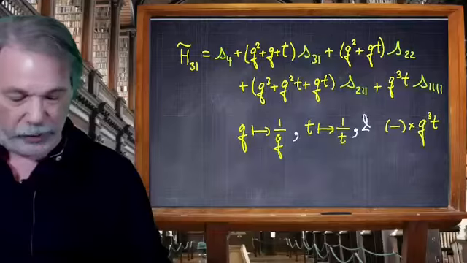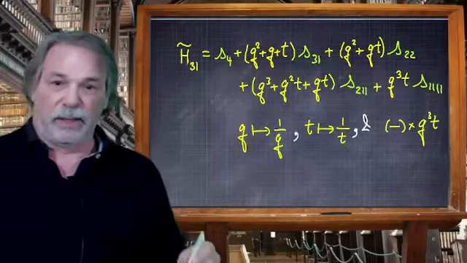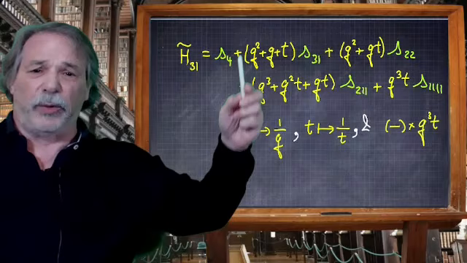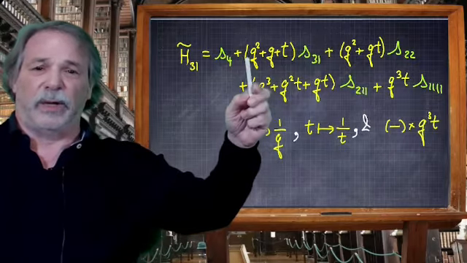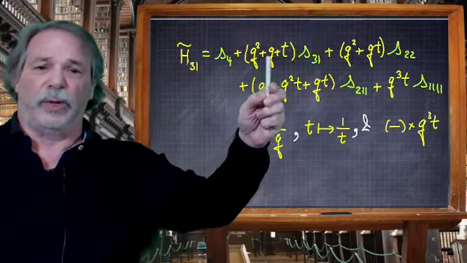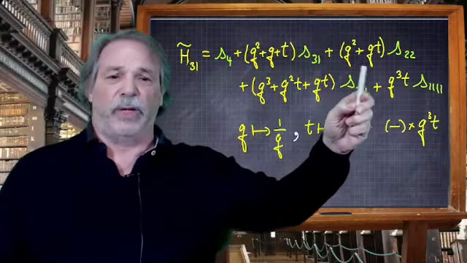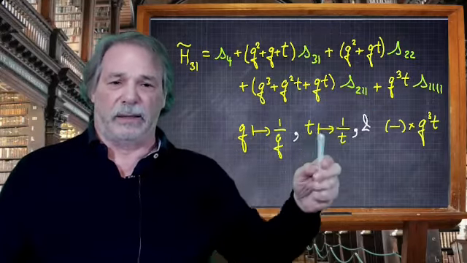So if you do this here, for instance, H31, you replace q by 1 over q. So this is going to be 1 over q squared, 1 over q, 1 over t. Here you'll get 1 over q squared, 1 over qt, and like that.